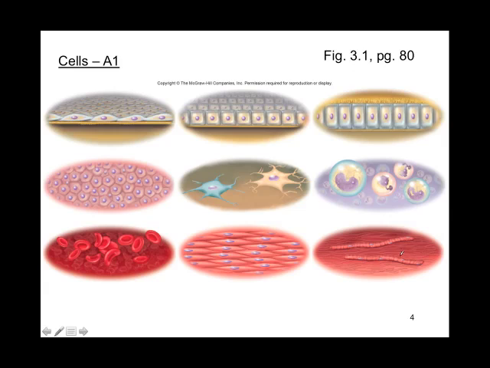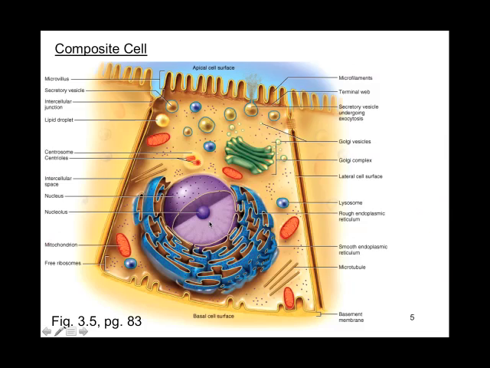We have cells that are elongated, spherical, flat, cubed, column-shaped, we have cells that are in different layers, disc-shaped, and cells that are flattened with multiple projections coming off of them. We'll address those different types of cells when we get into the different chapters, but please understand that there are many different cell types with a variety of shapes and structures, and that shape and structure will define what their function is.